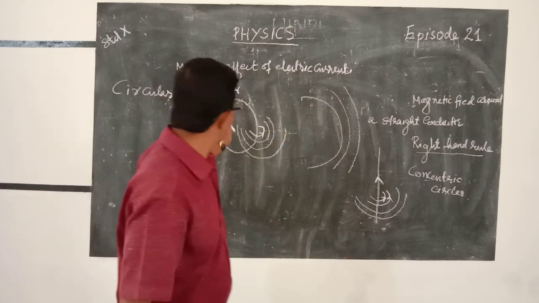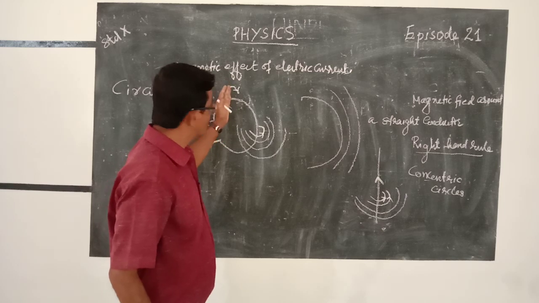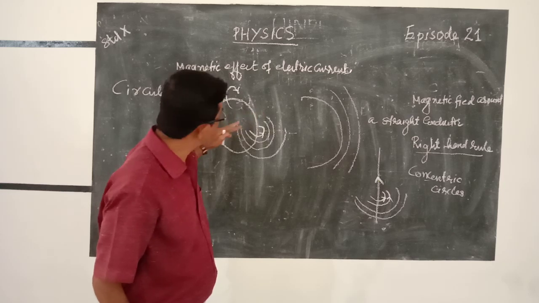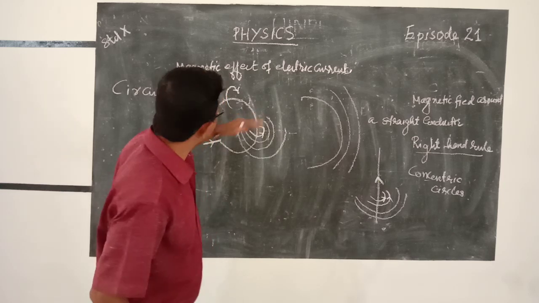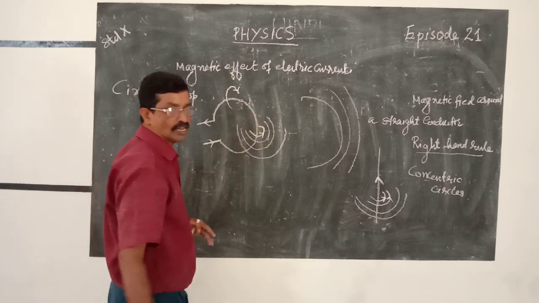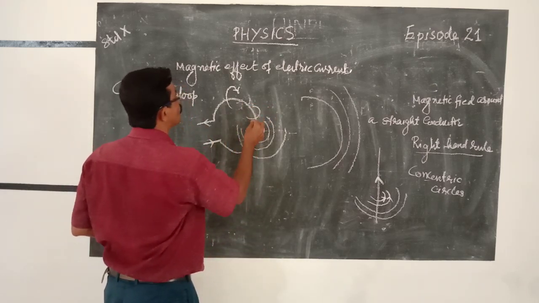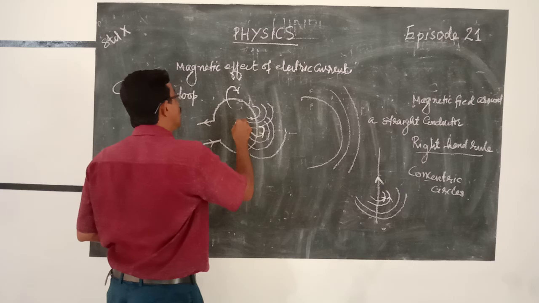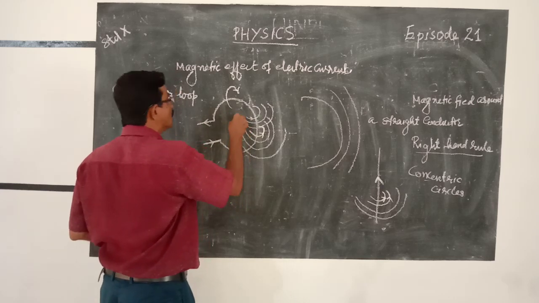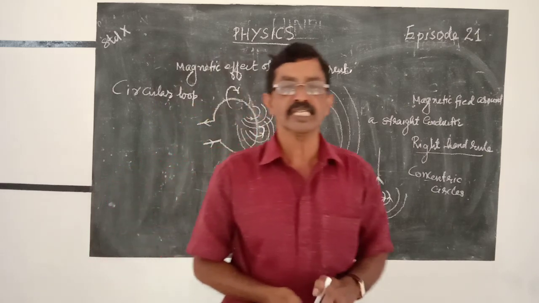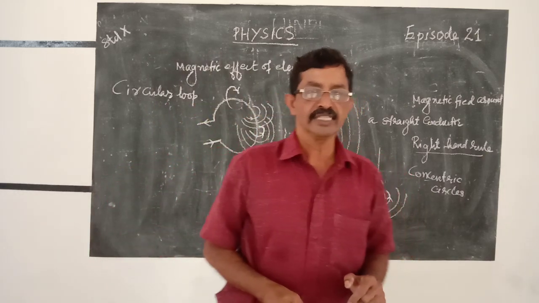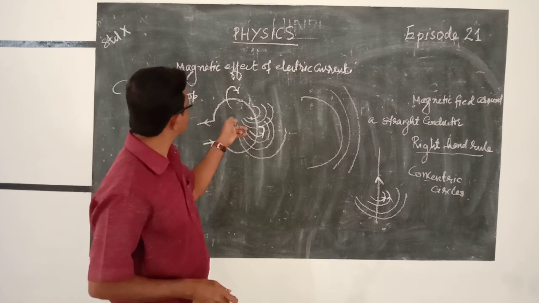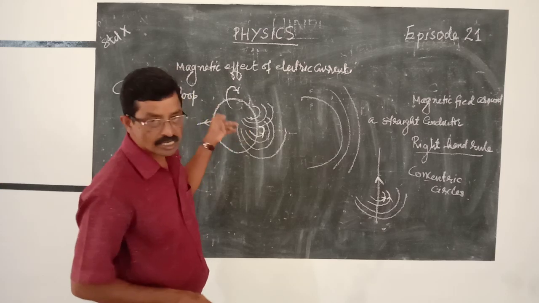Every point of this conductor produces magnetic field when current flows through the loop. So these concentric circles gradually increase, and at the center of the circle, the magnetic field becomes a straight line and is perpendicular to this loop.